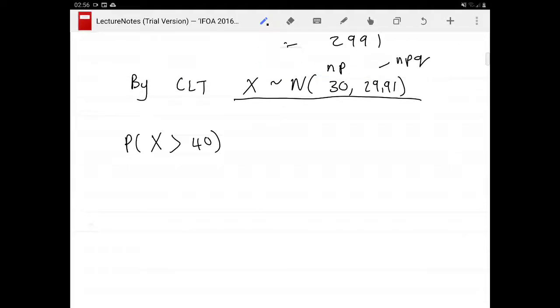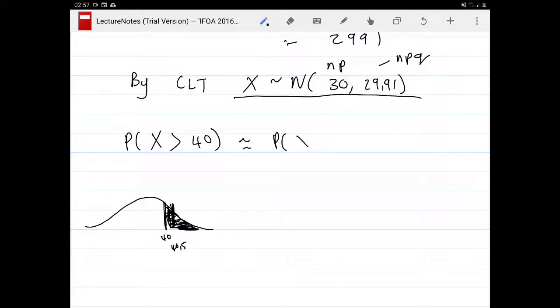When we're doing a strict inequality, this approximation will always overshoot, so we need to subtract area. The greater-than area is always going to be more than our actual probability. When we subtract area, we add 0.5 to our bound. So the probability is approximately that X is greater than 40.5.